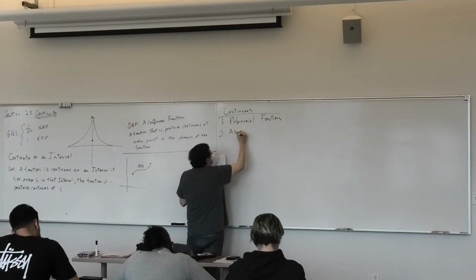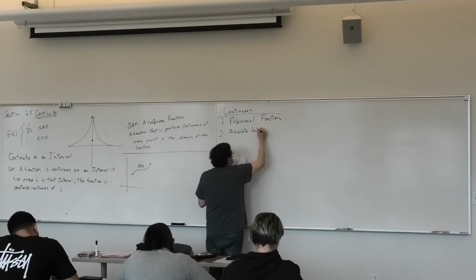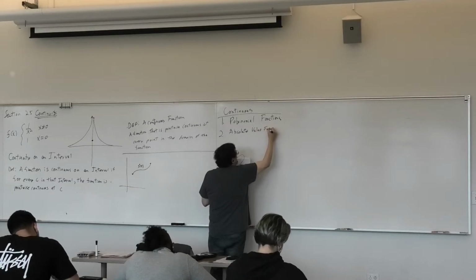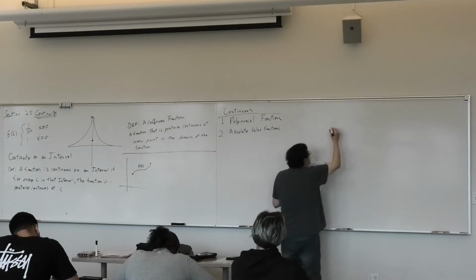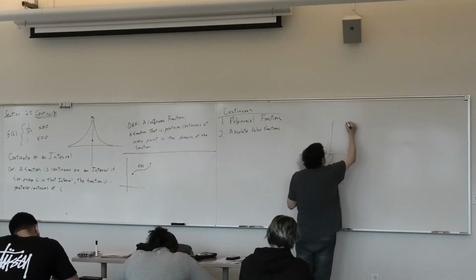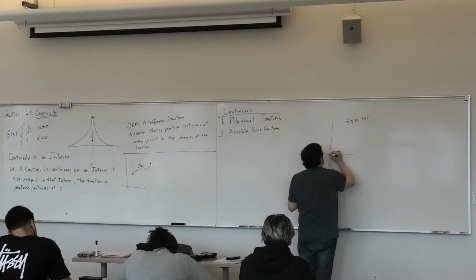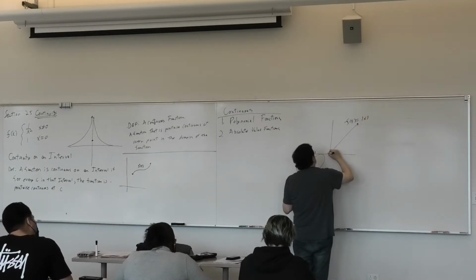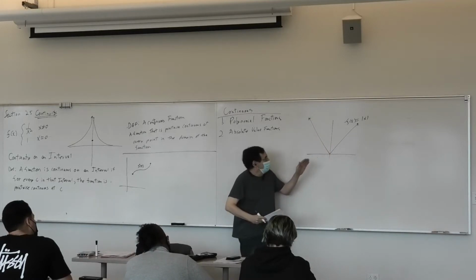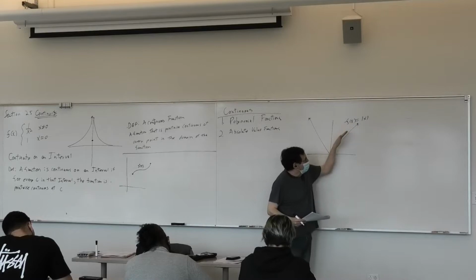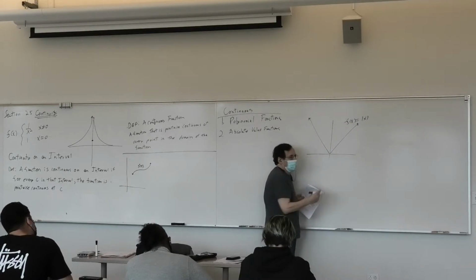Absolute value functions. So if we have something like f of x equals absolute value of x, let's look at this. Well, straight lines are polynomials, so there's no problem with those. This is the only interesting point.